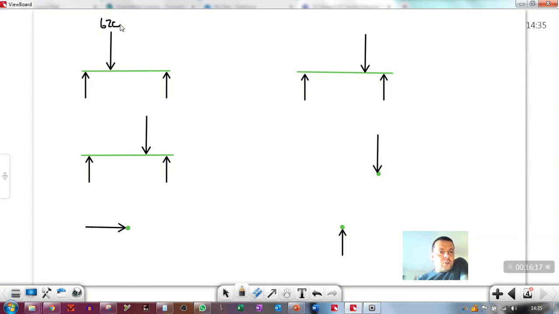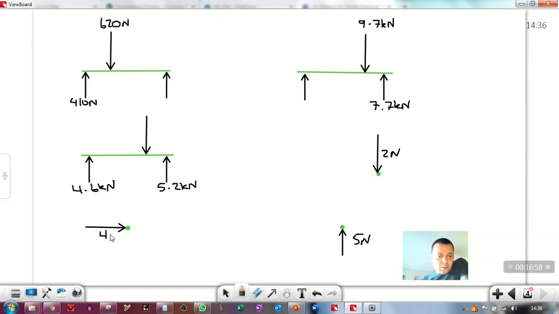Right, so let's call that 620 newtons. Let's call that 410 newtons, and I want to see writing the maths out and getting used to using that kind of terminology. 9 kilonewtons. Let's see, that's 7.7 kilonewtons. Let's go for 4.6 kilonewtons and 5.2 kilonewtons. Let's see, that's 2 newtons, 5 newtons, 4 newtons.